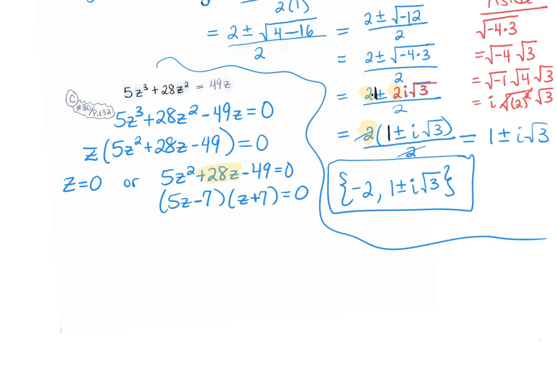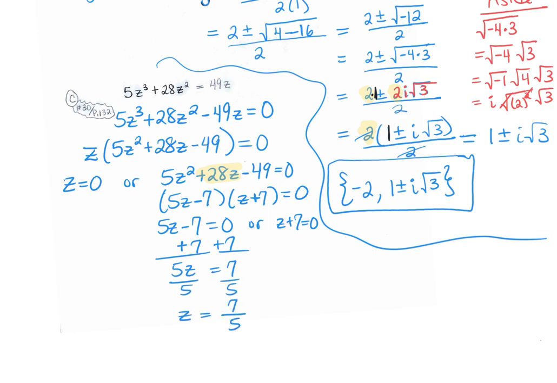So then we solve. We get 5z minus 7 equals 0, or z plus 7 equals 0. We do what to both sides? To get 5z equals 7, divide both sides by 5. And then we do what to both sides for the other one? To get z equals negative 7. Good.